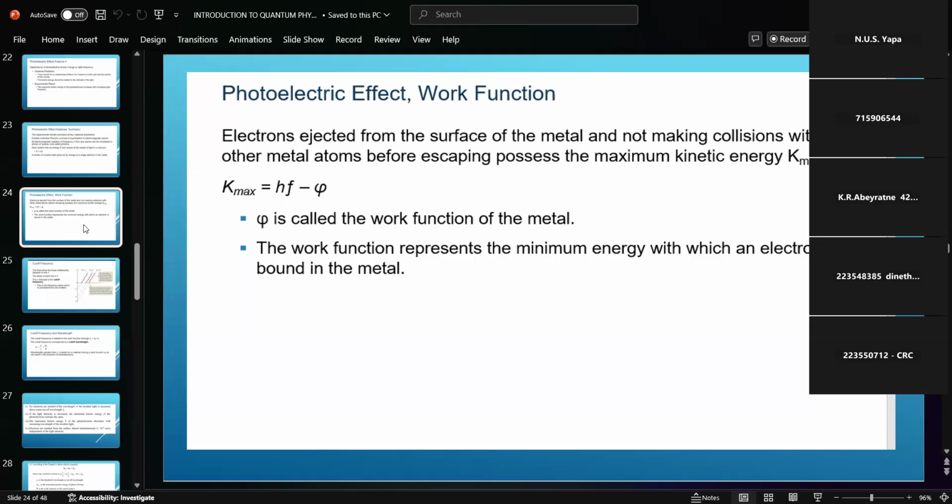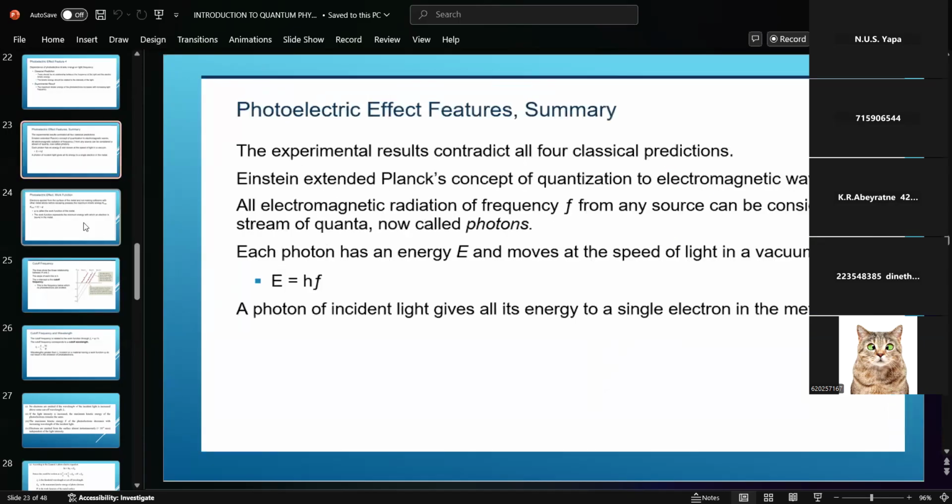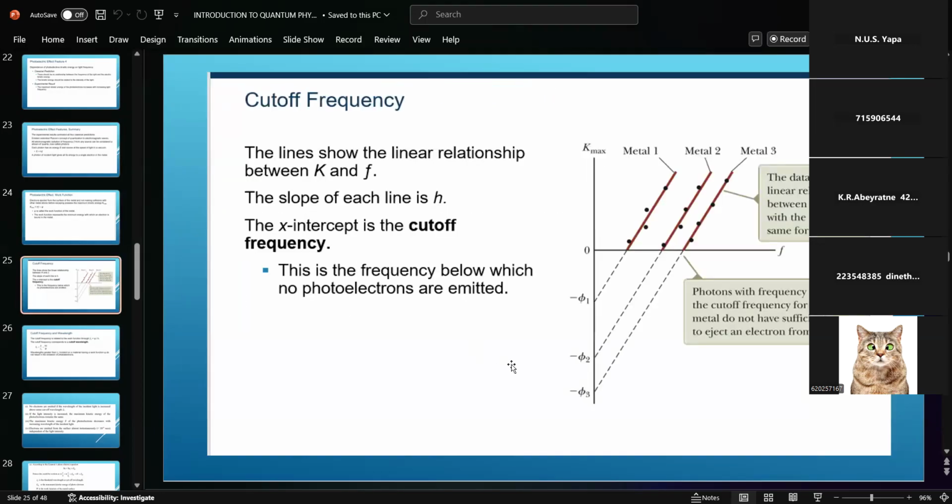Then we will see other parts. Next we can discuss some questions. This equation is K max, kinetic energy, equal to hf minus psi. Then these are some graphs, right? The lines show the linear relationship between K max versus f.